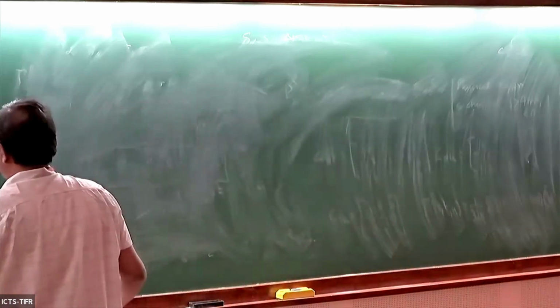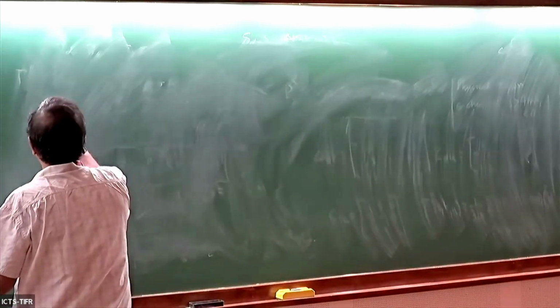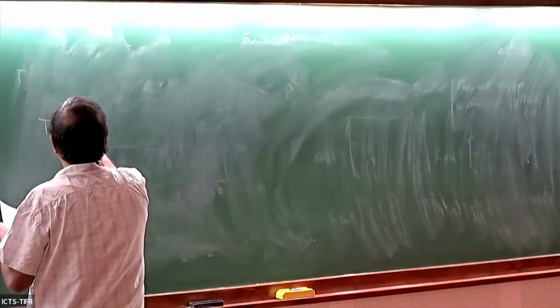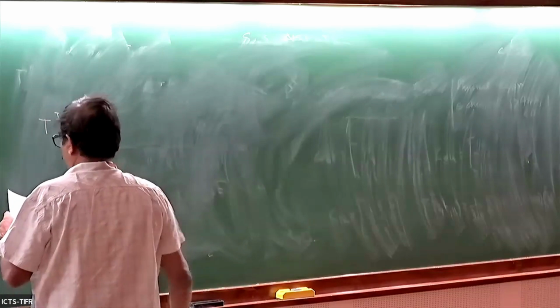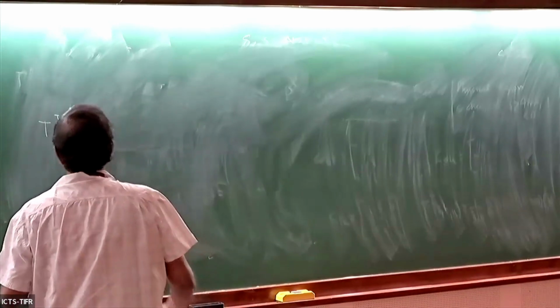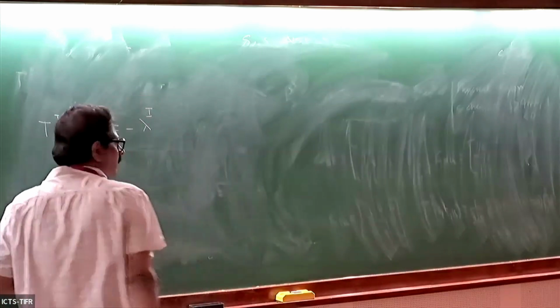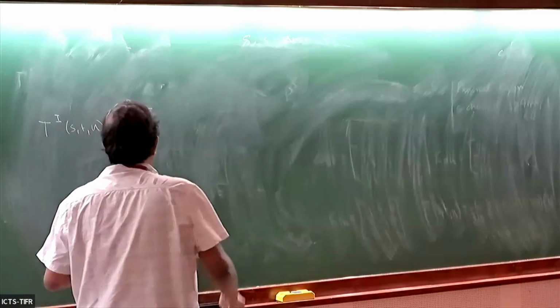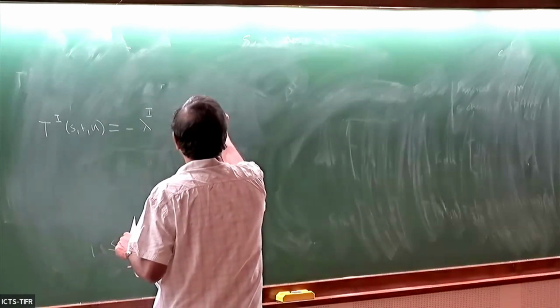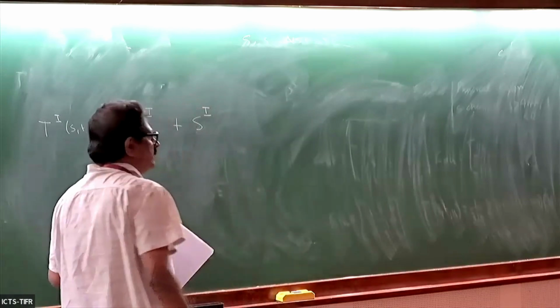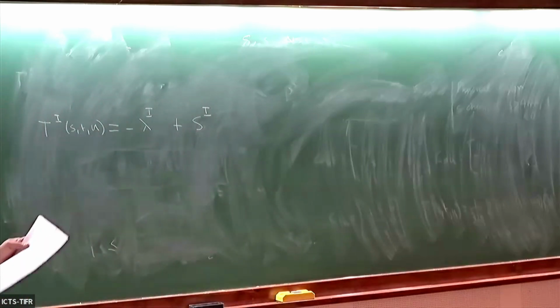So, I'm going to ask you to help me with this T_I of S, T, U, like this. And I want to say that, look, there may be some constant for each one of these, lambda_I. And then I want to have a part for each one of these that depends only on the imaginary part of the S wave.